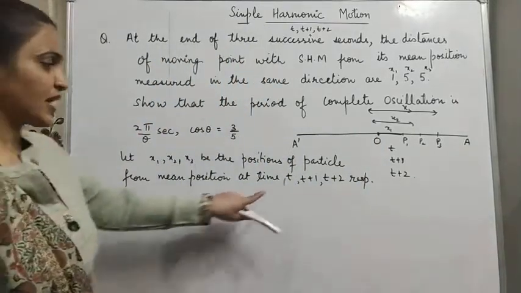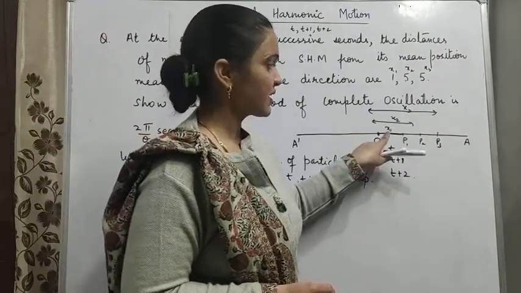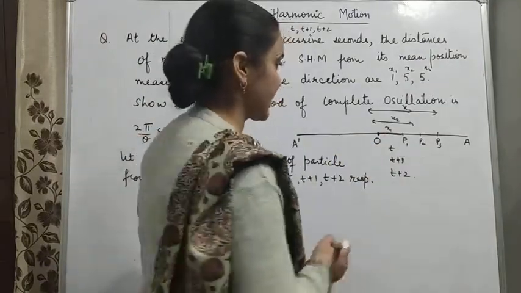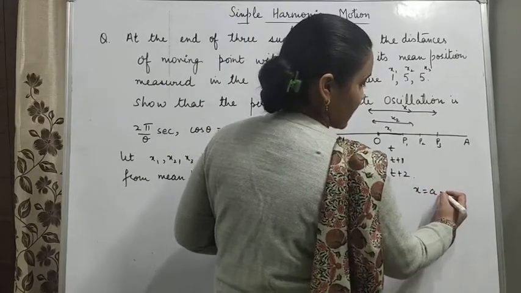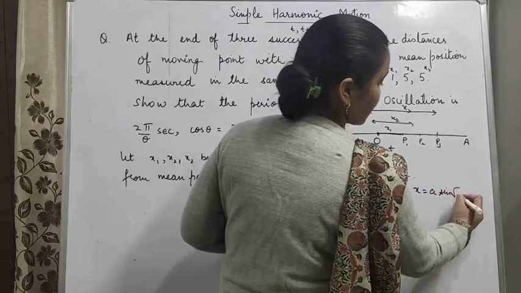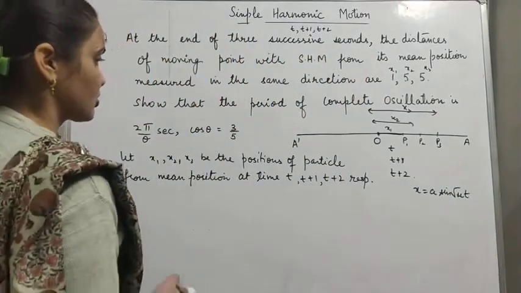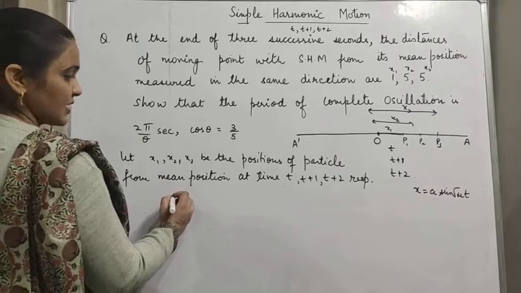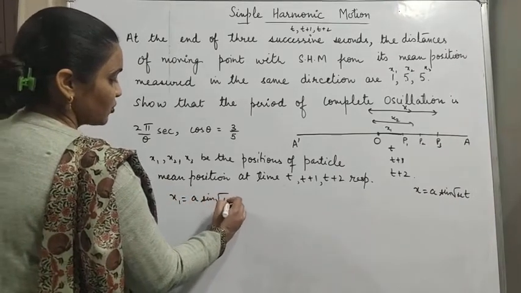When time is taken from this mean position O, then what is the expression for position x? It is given by x is equal to a sine of √μ times t. This is the expression. So x1 is equal to a sine √μ t.